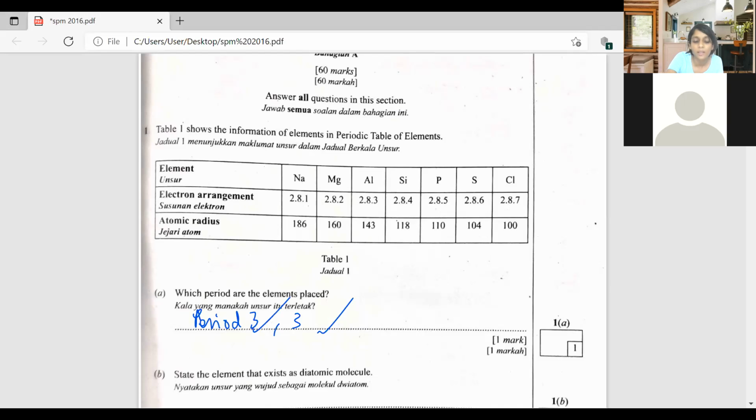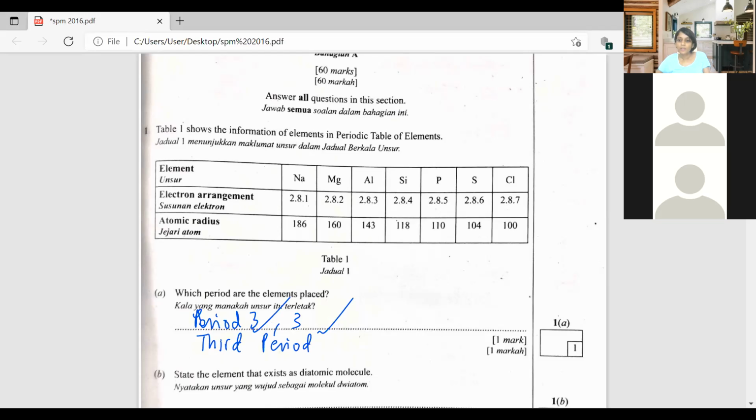Okay, let's look at this. The next thing I'm going to give you: Third period. Is the answer accepted? No, sir. Take out your red pen, put in R. Third period is not accepted.